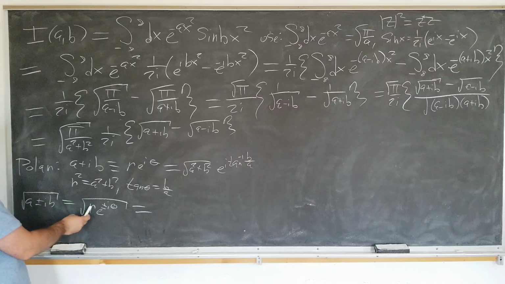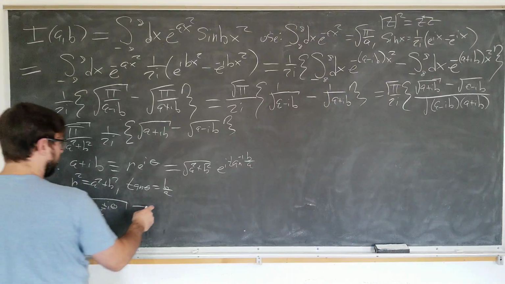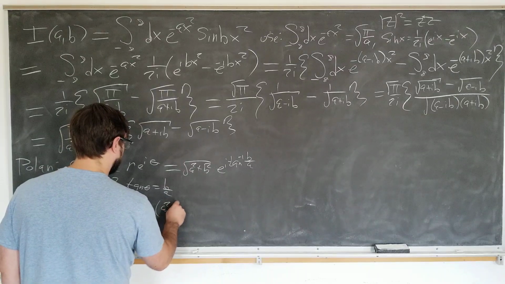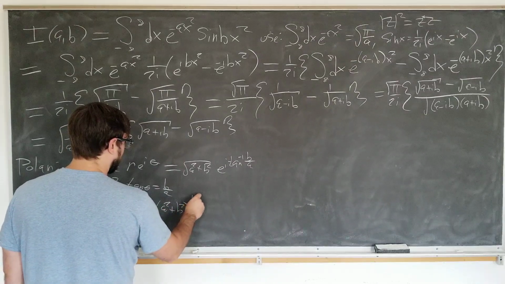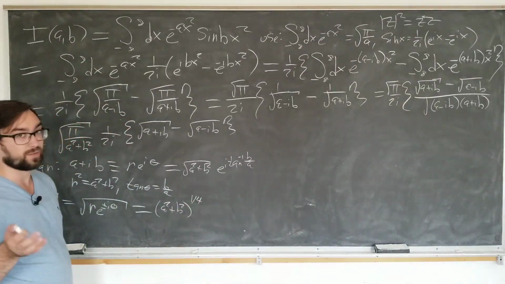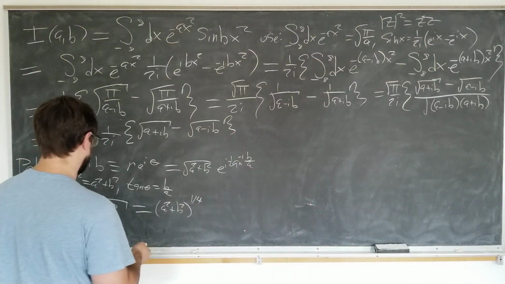So now we get the r, which already has a square root in it, so there's going to be a fourth power. So a squared plus b squared to the fourth power. That's an important fourth power. It's going to propagate through the rest of the exercise as well.